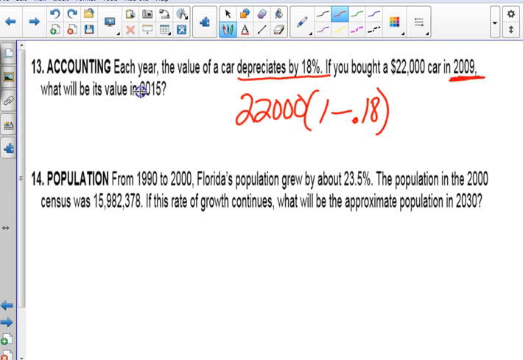From 2009 to 2015. 6 times. Now, I can go through this great big explanation how 22,000 is term 1, okay? And that happened in 2009. So 2010, 11, 12, 13, 14, 15, that was 6 terms. Just remember it's not n minus 1. It's just the same thing we did in chapter 5, when we did exponential growth or decay.